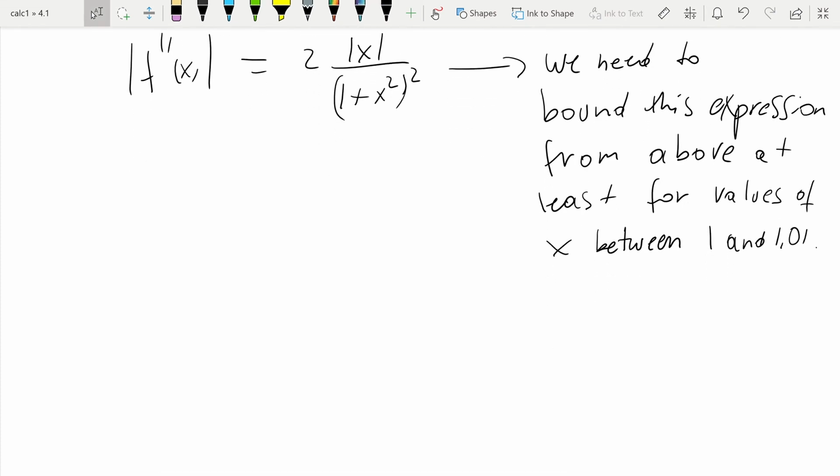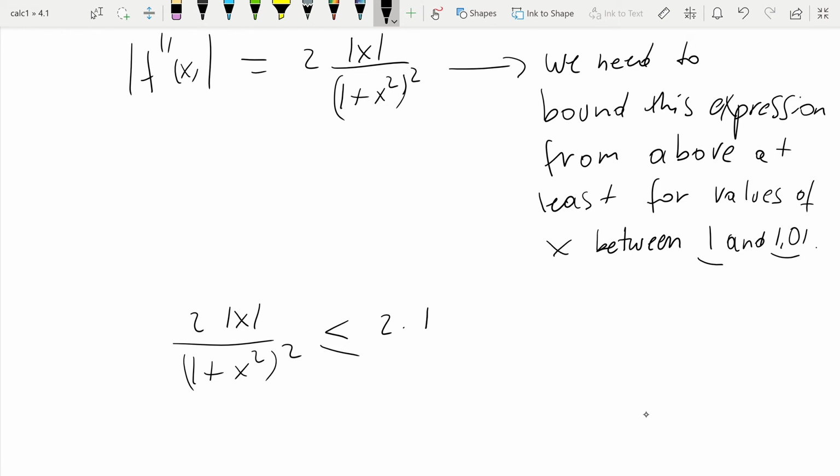So here's a question. How do we make the numerator as big as possible? By picking the largest value of the two. For any x between 1 and 1.01, the absolute value of x is less than 1.01, so you pick the biggest possible number.